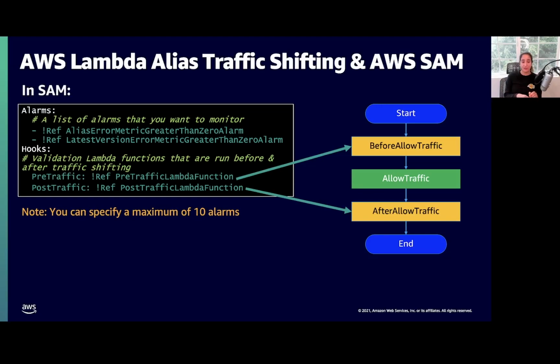Another example is if you have a Lambda function or custom CloudWatch metrics that you have specified that have breached the alarm threshold. And then we talked about pre-traffic and post-traffic hooks. So you have pre-traffic and post-traffic test functions that run sanity checks before traffic shifting starts to the new version and after traffic shifting completes.